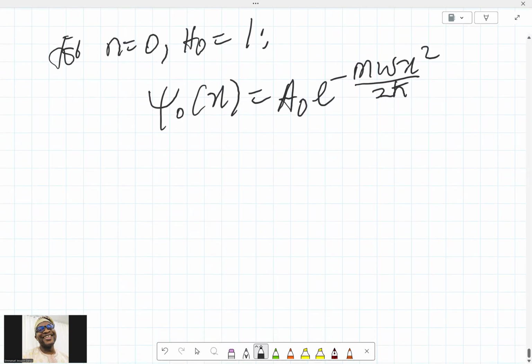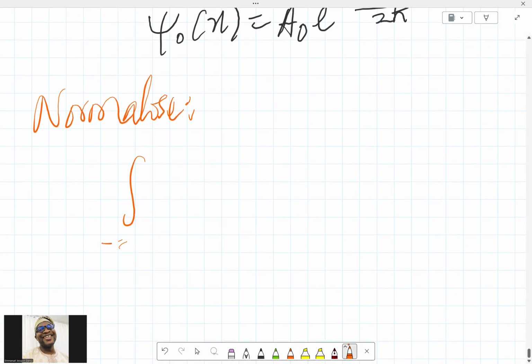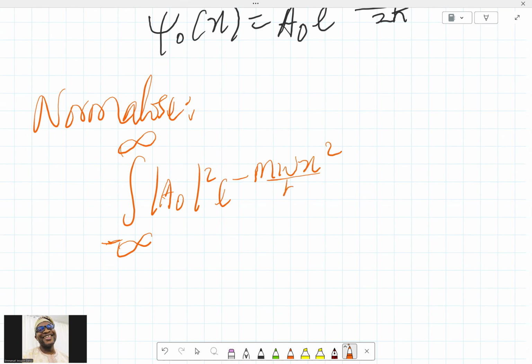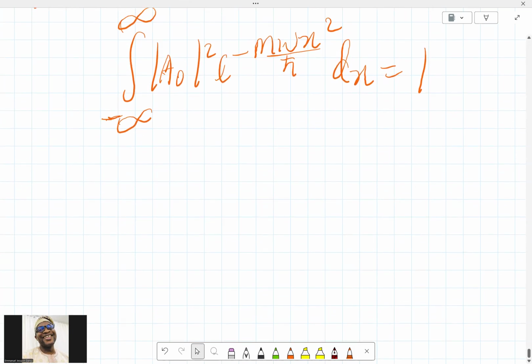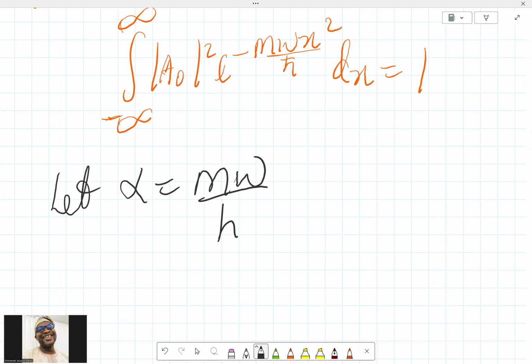So if we normalize, we have the integral from minus infinity to infinity of absolute value of A naught squared e raised to power minus m omega x squared over h bar dx equals 1, since we need it to be like some probability distribution. So we say let alpha be m omega over h bar.